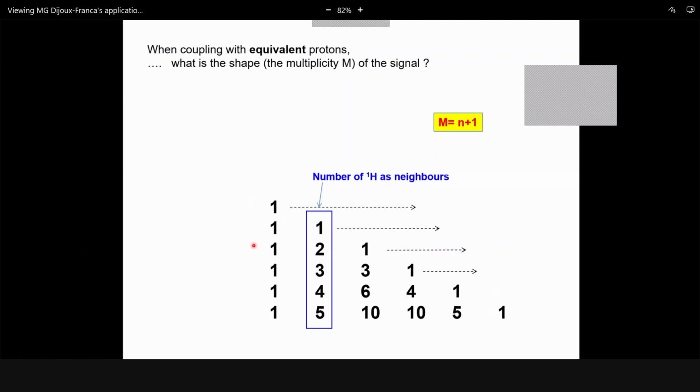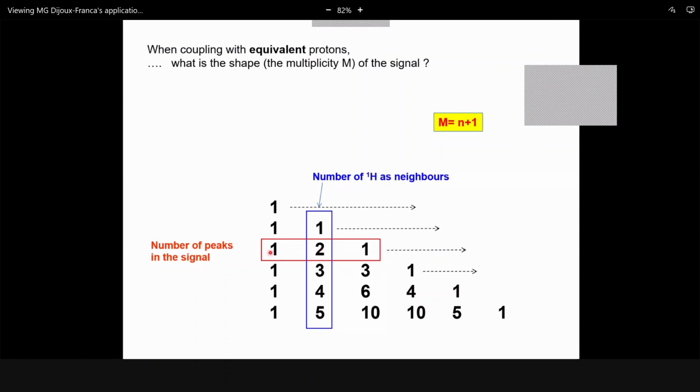So how can we use it to anticipate the height of the lines in the signal? Now we are going to see that. We will use the column, but we use it in the horizontal way. This rectangle shows us the number of lines.